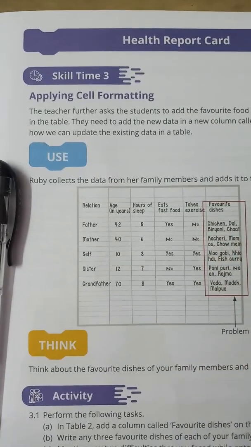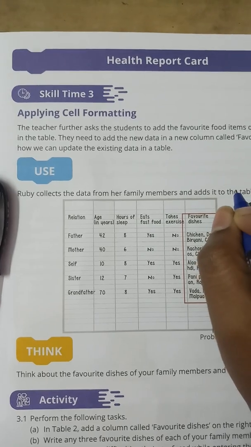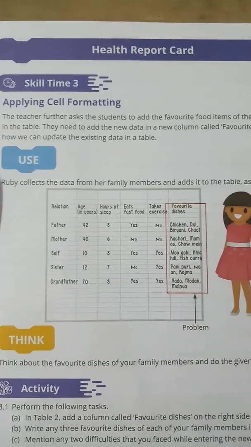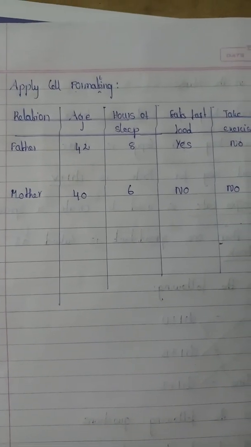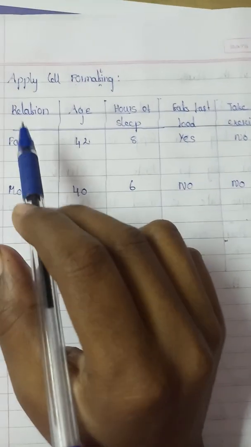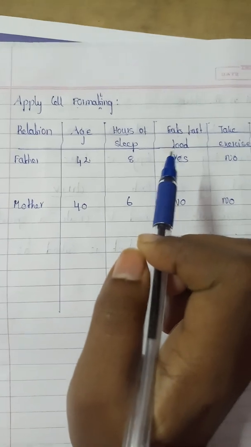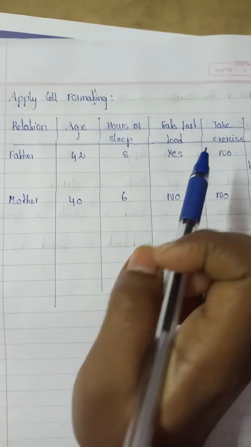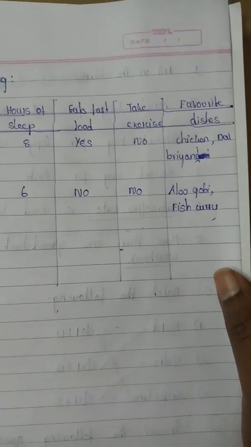Our third skill item is applying cell formatting. In the last class we created up to take exercise. First one is relation, age, hours of sleep, eats fast food, and then take exercise. And the extra column we added here is favorite dishes.